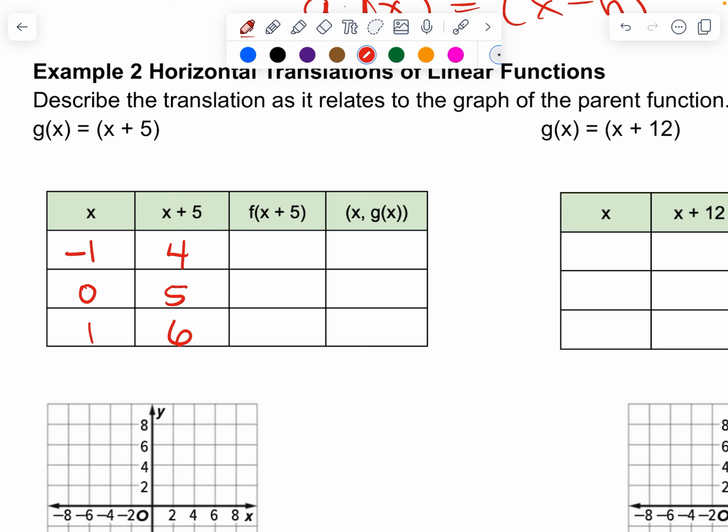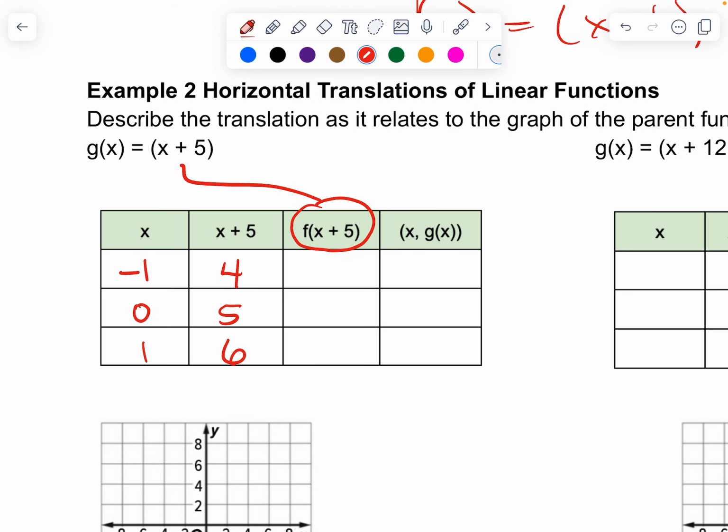Now, this right here is that here. So all we're going to do is write 4, 5, 6.